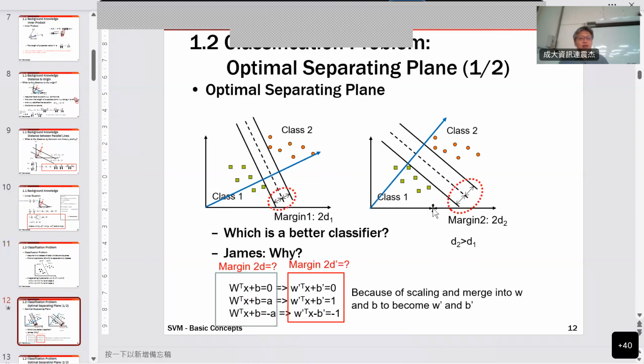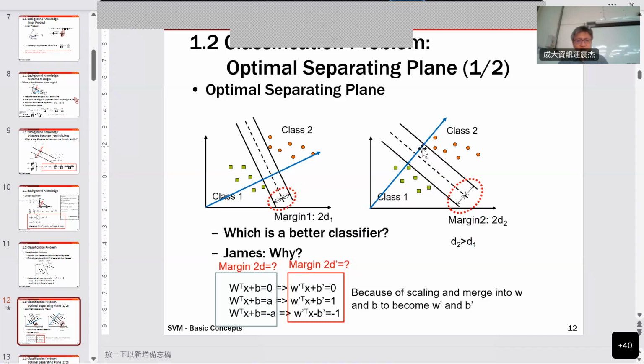Okay, and here, we go back to here. We try to find the bigger margin. Suppose this distance is 2D1. D is the small one, and 2D1 is double 2D2. So this result is better than this result.